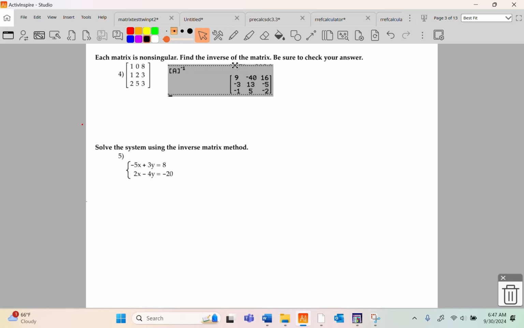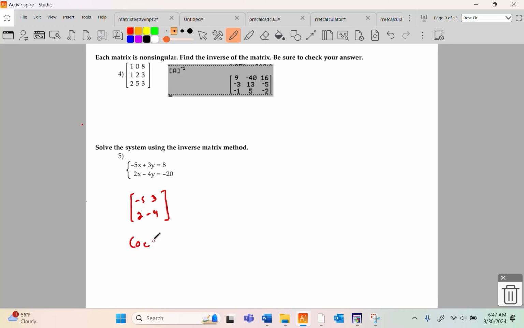All right, solve using the inverse matrix method. I don't care if you do this with double REF or not. The inverse matrix method, basically what we do is we have two matrices. We have what we call a coefficients matrix, -5, 3, 2, -4.